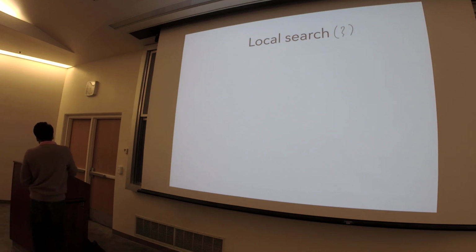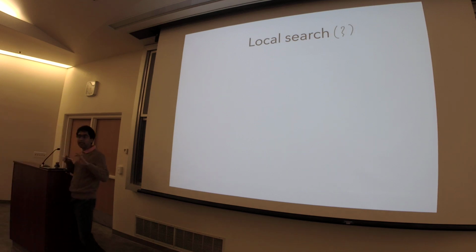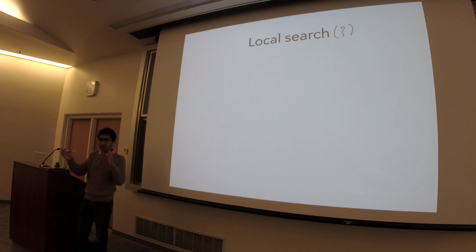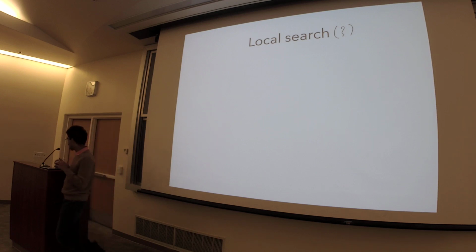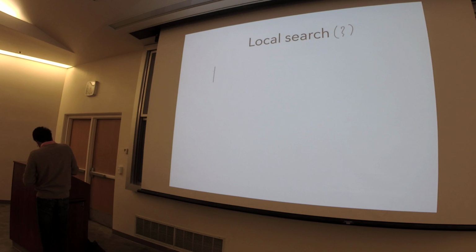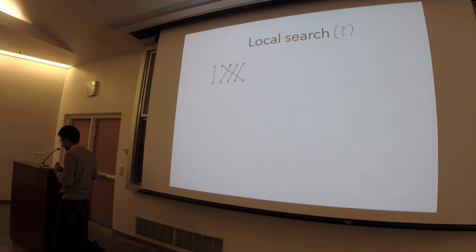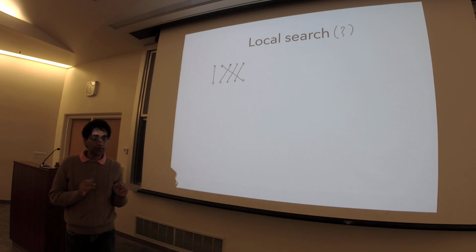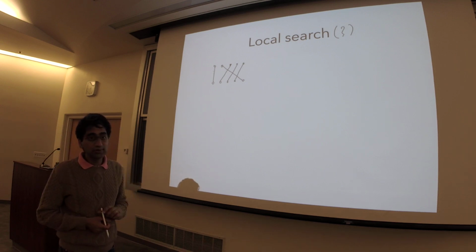Right. So this is the main thing in local search, right? You start with some full solution. So you start with some assignment. So let's say I start with some assignment like this. Now what do you want to do?